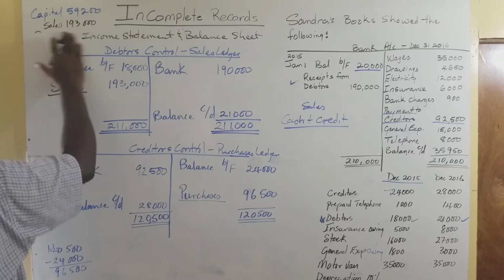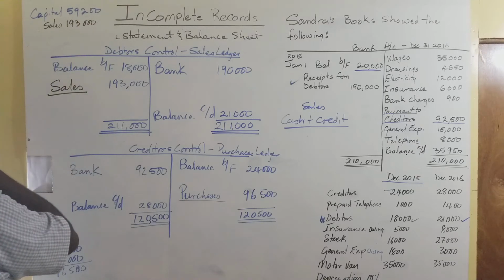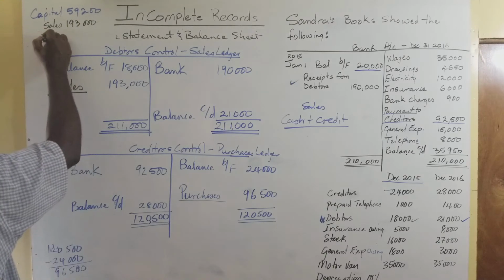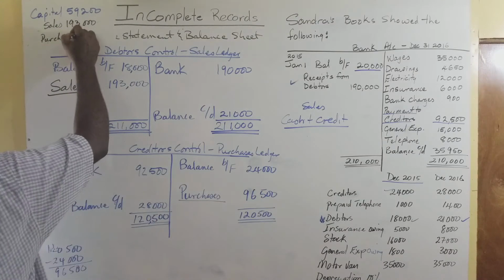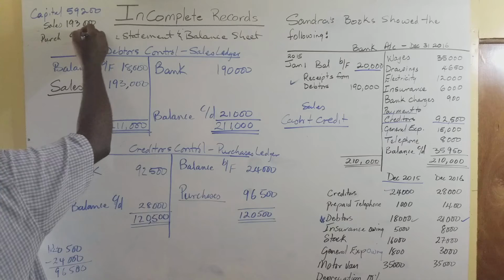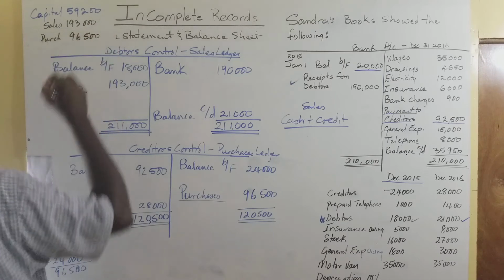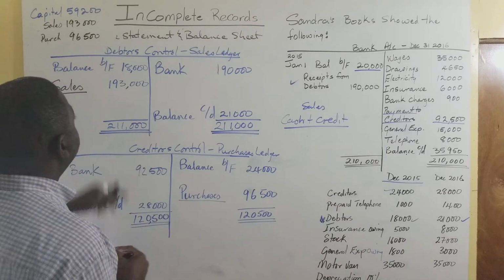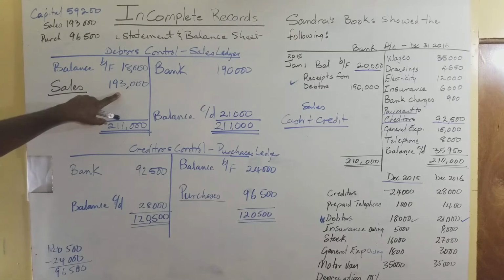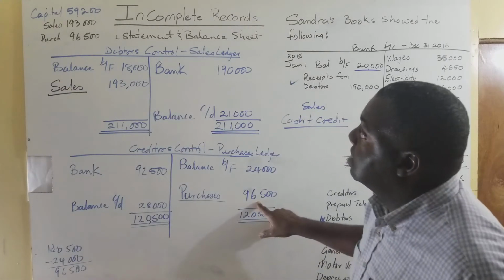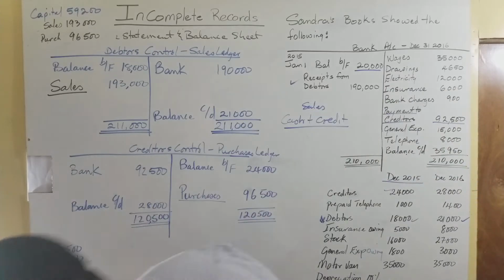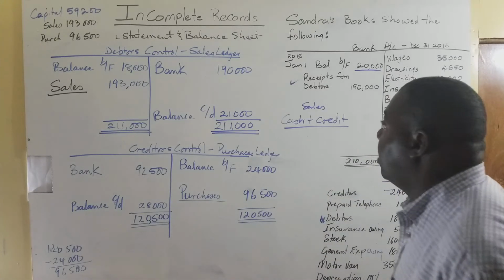Remove this, and the purchases is 96,500. We'll be moving this again to do the other adjustment.